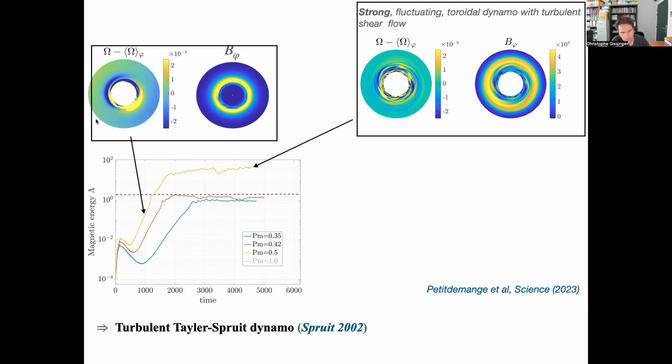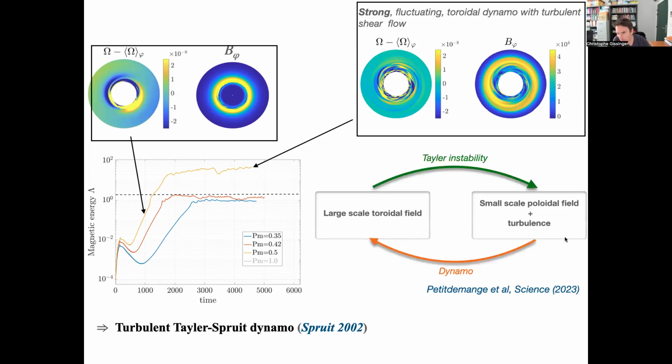But sometimes, if the magnetic field becomes strong enough, there is a secondary bifurcation where suddenly the flow becomes turbulent and the magnetic toroidal large-scale field becomes very large. So very rapidly you have a generation of a turbulent field and a large-scale magnetic field. And that's how people describe this cycle.